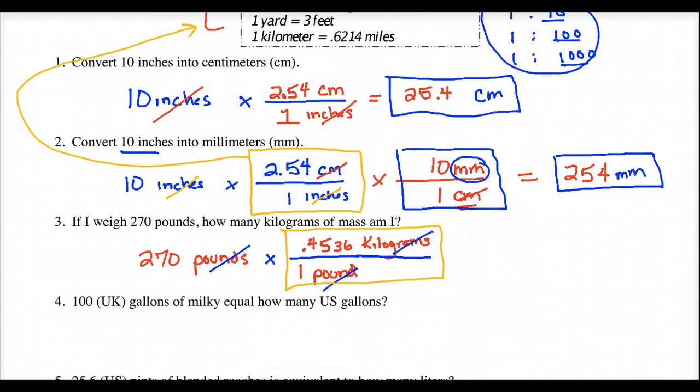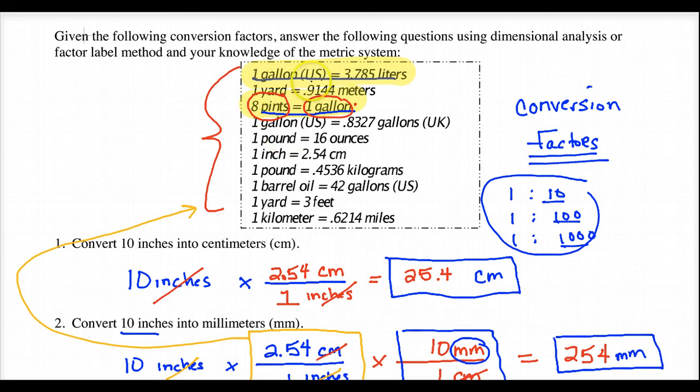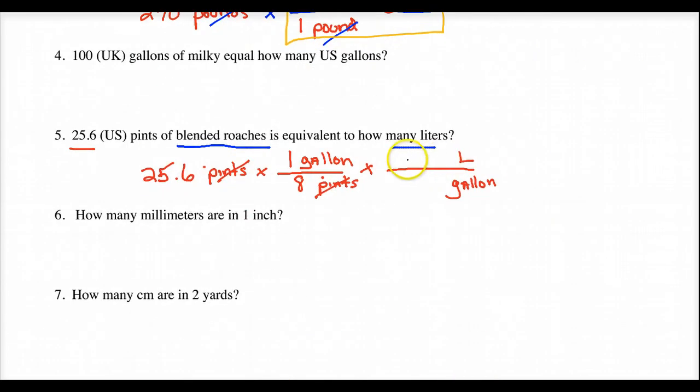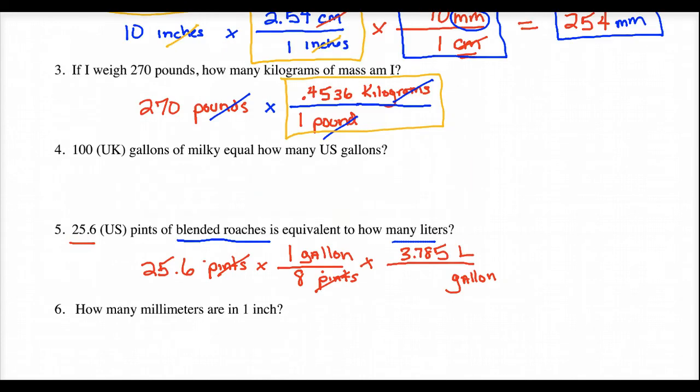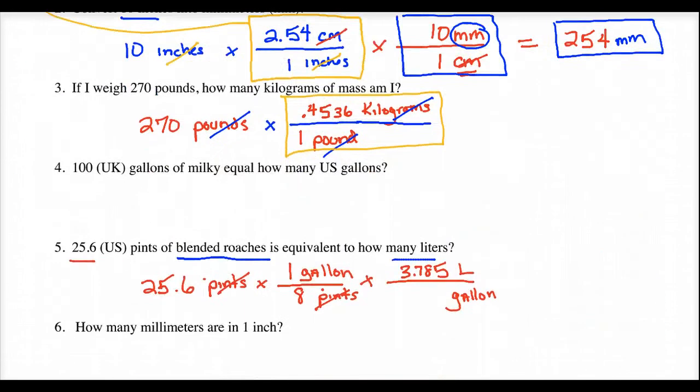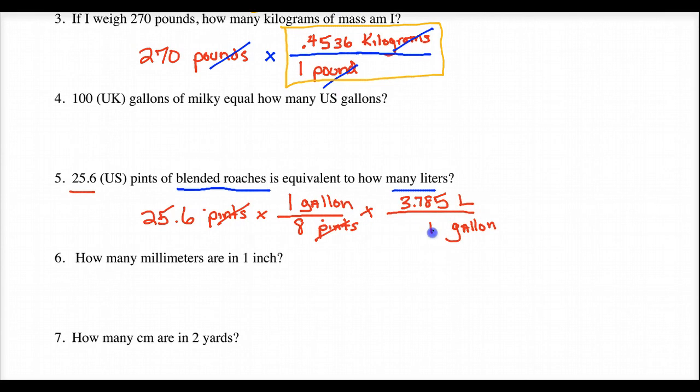So I go up to my second one, and 1 gallon is 3.785 liters. 3.785 liters, I think. I've got to check. My short-term memory is gone at this height. 3.785. And that's for every 1 gallon. Notice the gallons cancel. Try doing this without the units. It makes it so organized. All right? That's why you have to learn this method. You'll do it in physics. You'll do it the rest of your science career.